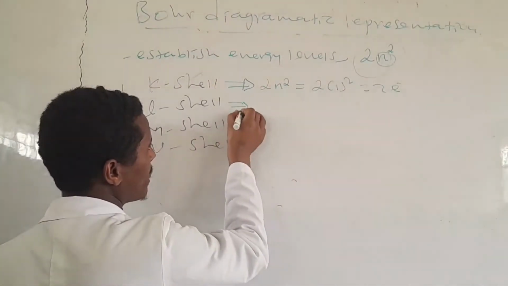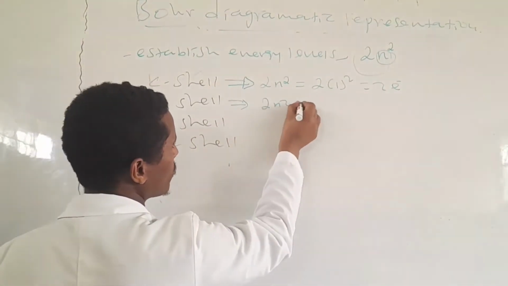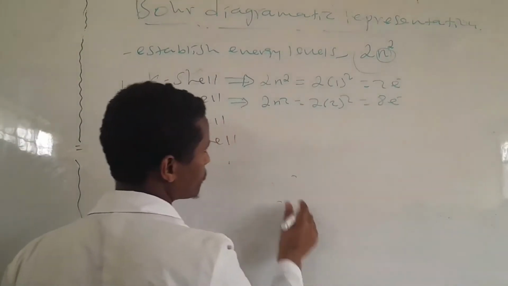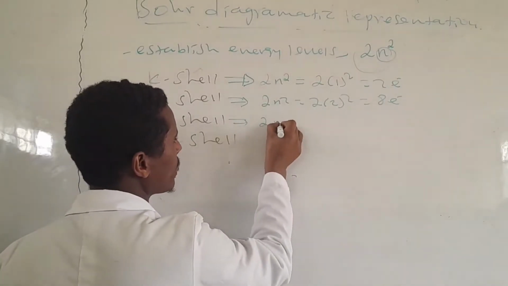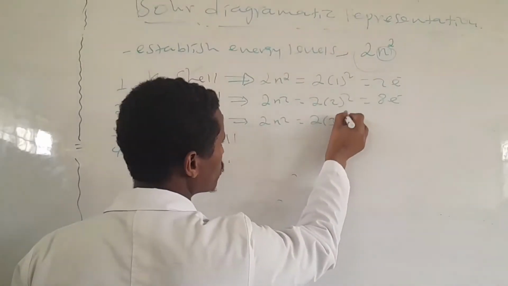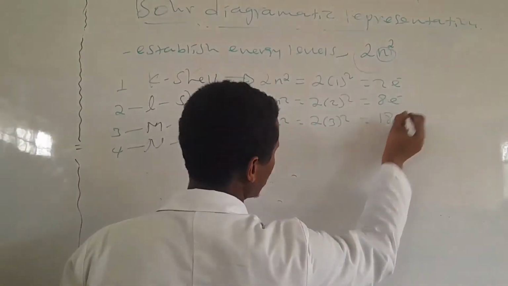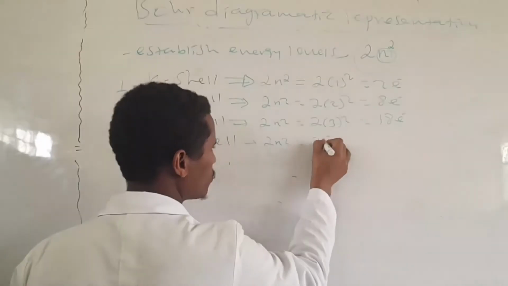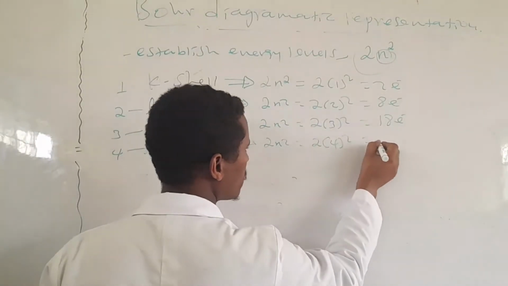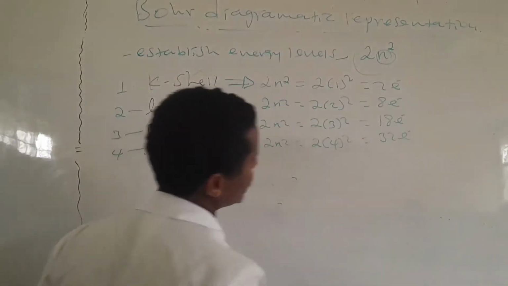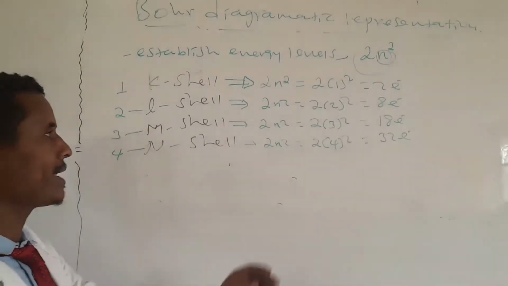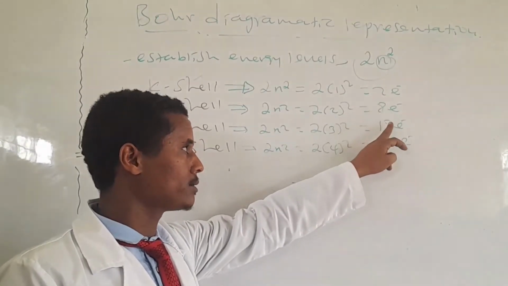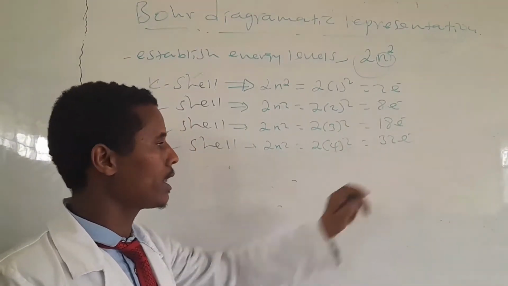The same is true for L shell, the second shell: 2 times 2 squared equals 8 electrons. Third: 2 times 3 squared equals 18 electrons. The fourth: 2 times 4 squared equals 32 electrons. So each shell has a maximum capacity of holding electrons. K holds 2, then 8, 18, 32 electrons.